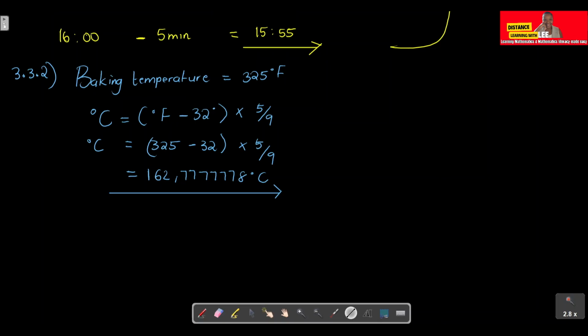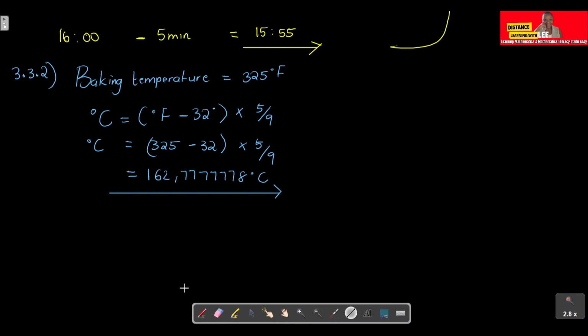So that is the temperature converted into degrees Celsius. But the question is asking us now to round this off to the nearest 10 degrees. If they said we had to round it off to the nearest degree, we would look at this 7, and this 7 would tell us that it's supposed to be 163 degrees.